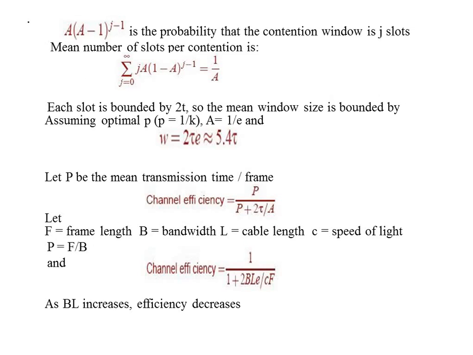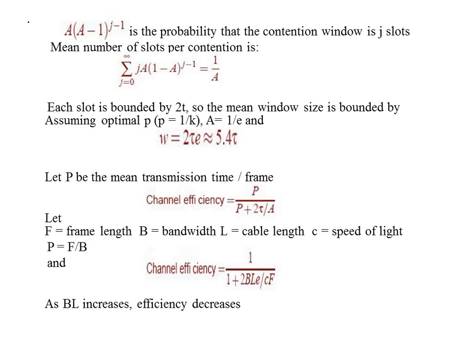They have proposed the formula A into (1 minus A) raised to J minus 1 as the probability that the contention window is of the jth slot, then the mean number of slots per contention they have calculated, and that is equal to 1 upon A.